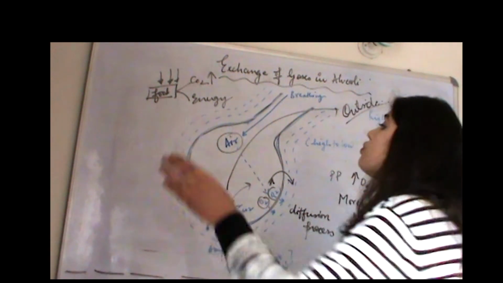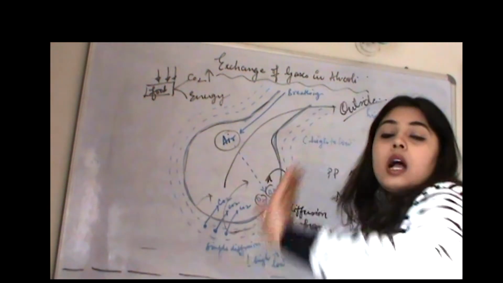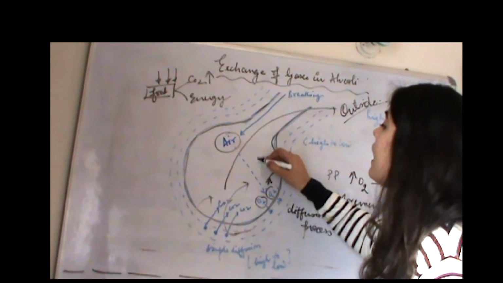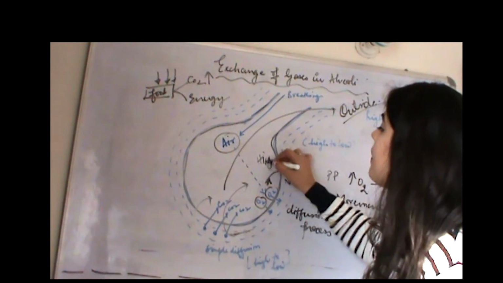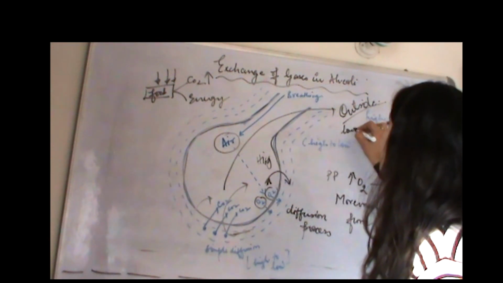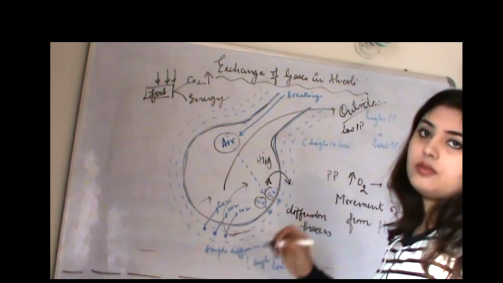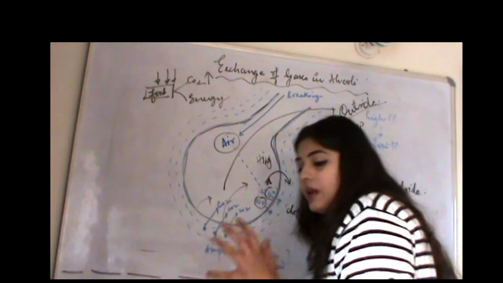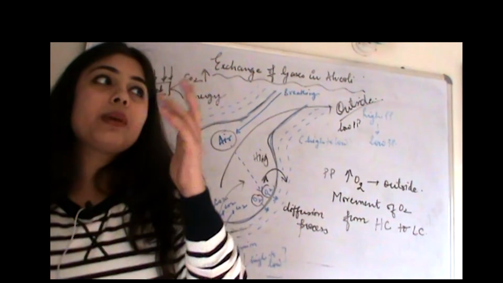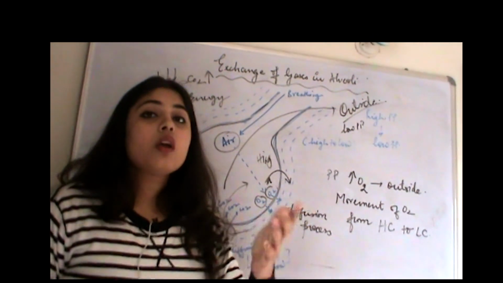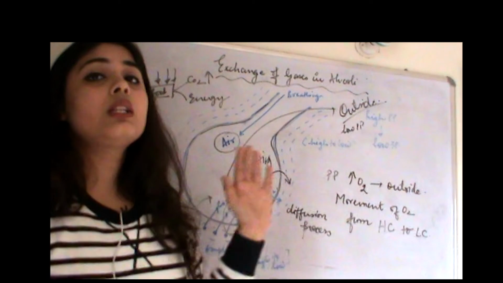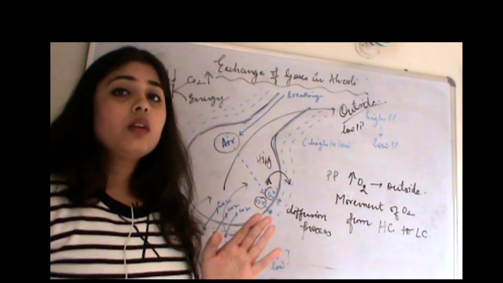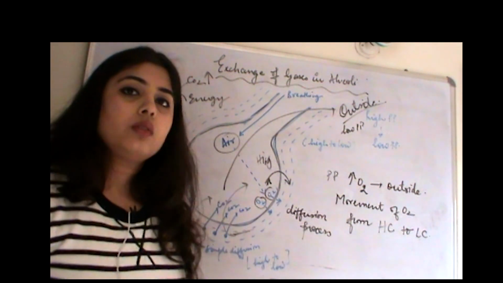It will go to the normal outside environment, from high partial pressure to low partial pressure. That's it. This is how the process takes place. You should have a basic idea of how the partial pressure of oxygen and CO2 changes minute by minute in your body, right?